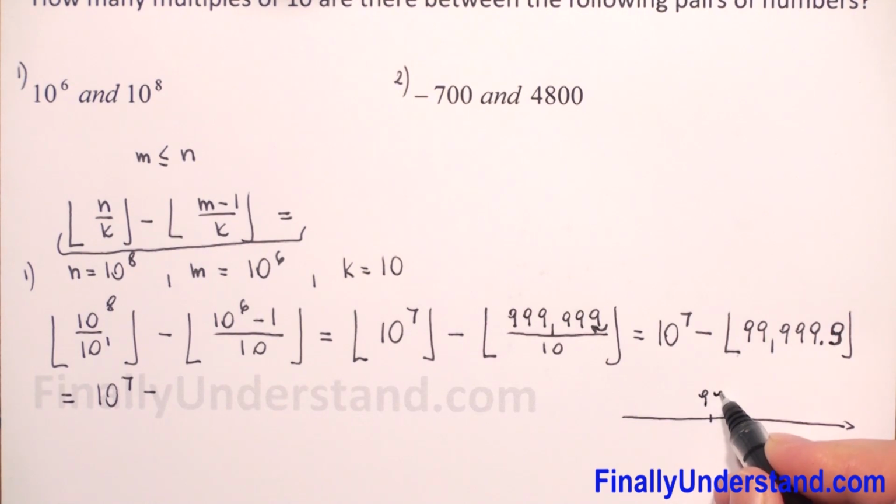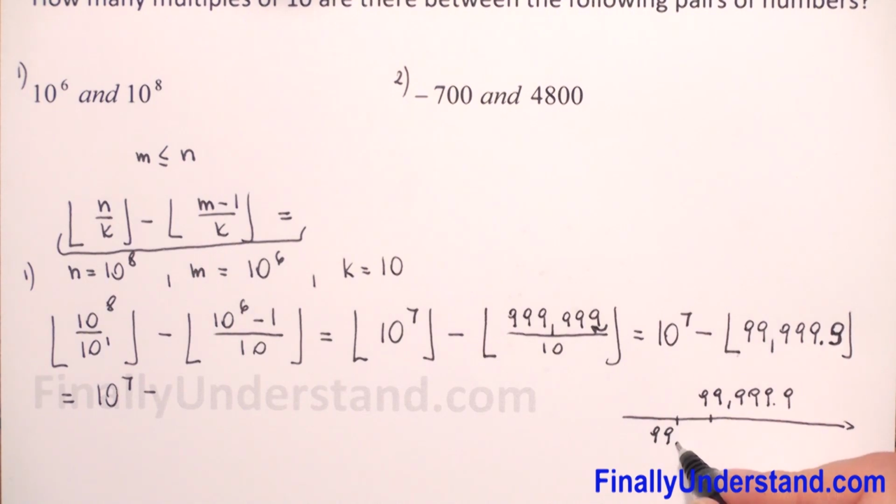Let me put this 99,999.9, and this number is between 99,999 and between 100,000.